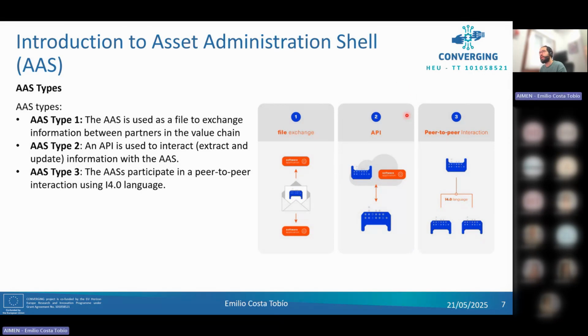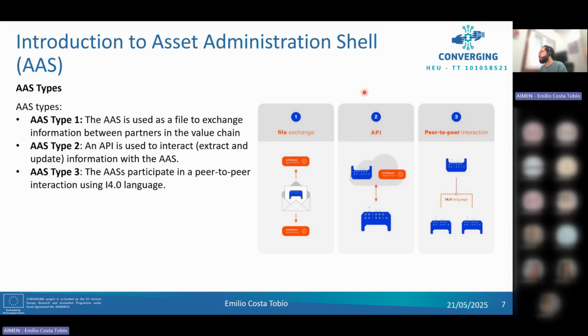We would also have type 2 that represents interacting with this AAS. For example, if we want to extract information, some parameters that are stored in the AAS, or if we want to update live data in the AAS, this type of exchange of information with the AAS would be type 2.